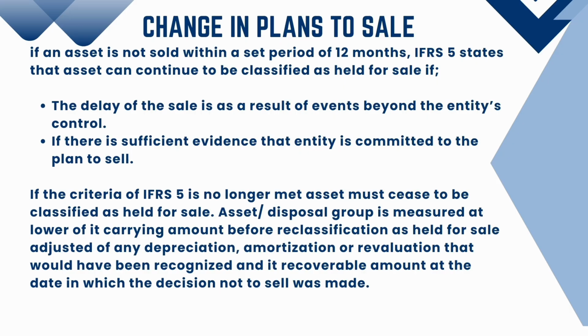Remember, the reason why we are deducting this depreciation now is that once an asset is classified as non-current asset held for sale, depreciation does not exist anymore. So if it was 1,000 naira in 20x1 as a non-current asset held for sale, 20x2 1,000 naira, 20x3 1,000 naira, 20x4 1,000 naira, you can see that depreciation has not been deducted at any point. So that is why we are going to be deducting that depreciation.